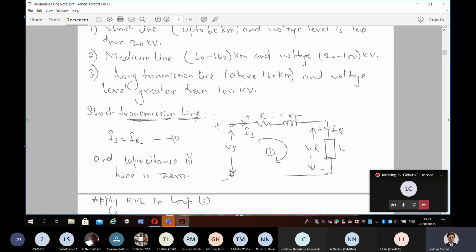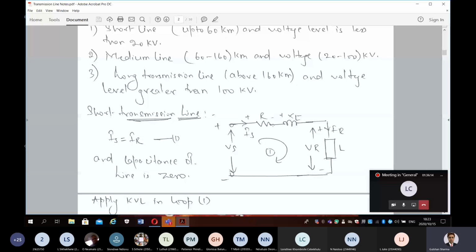That's the first point, and it's very important. After that, to calculate the various other parameters, my transmission line is represented with a certain resistance and a certain reactance, XL, the leakage reactance in more technical language.